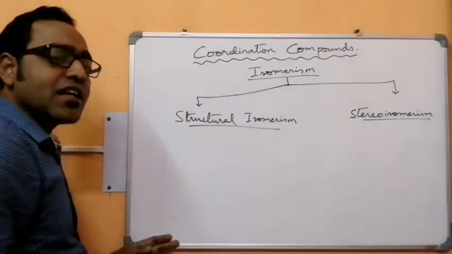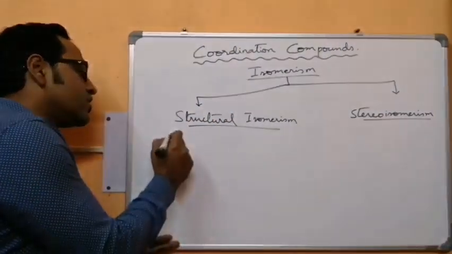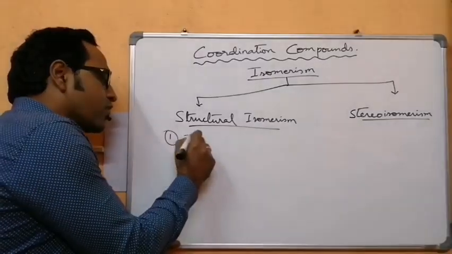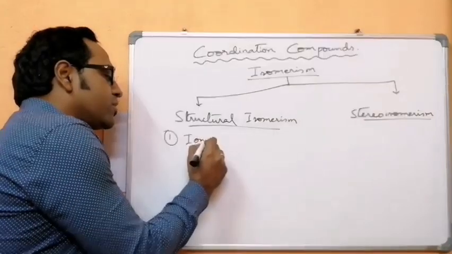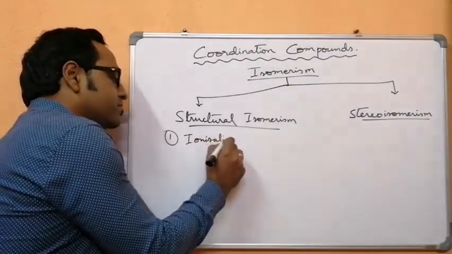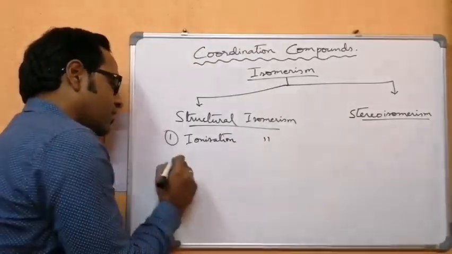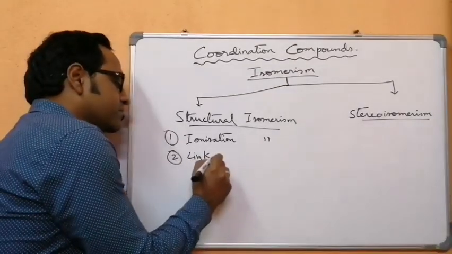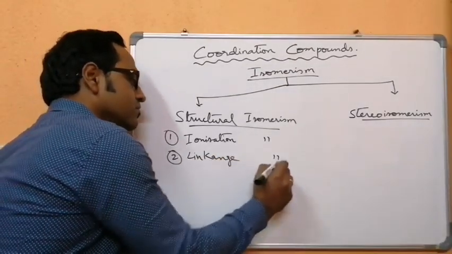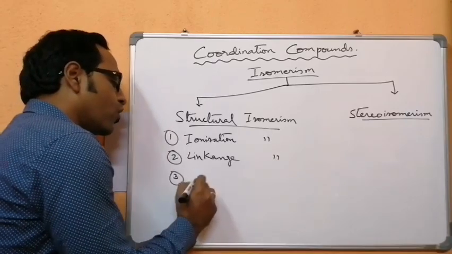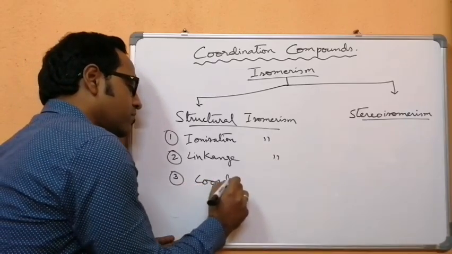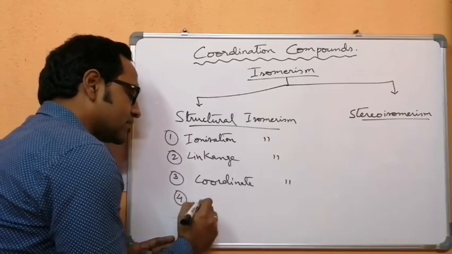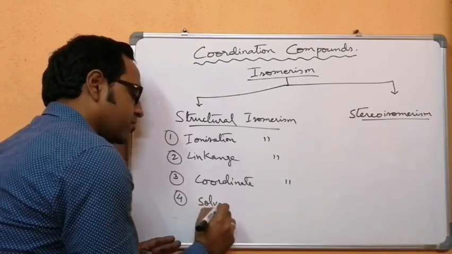Now under structural isomerism there are four subdivisions. The first one is ionization isomerism. The second one, linkage isomerism. The third one, coordinate isomerism. And the fourth one is solvent isomerism.